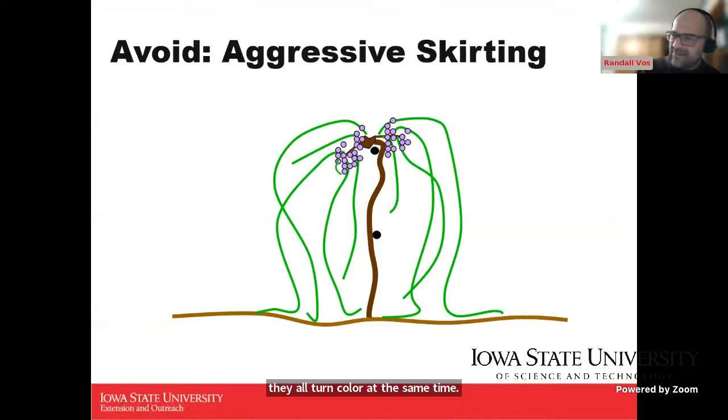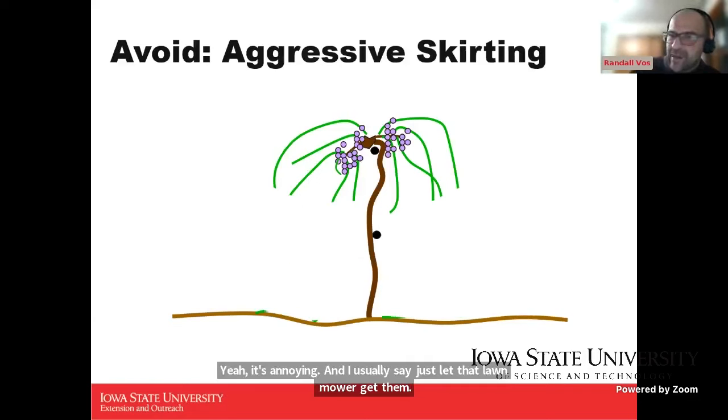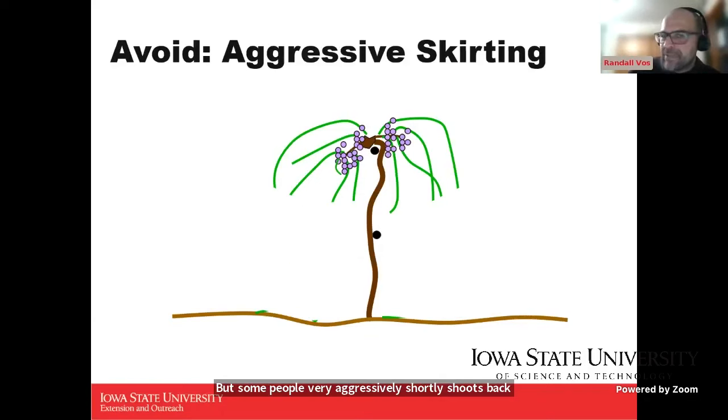The last thing I'm going to mention that I would personally avoid, and then we'll open up to questions, is a practice called skirting. It really bothers people when grapevine shoots touch the ground, and yeah, it's annoying. I usually say just let the lawnmower get them, but some people will very aggressively shorten these shoots back. I would discourage you from doing that because number one, leaves feed the plant, not fruit.